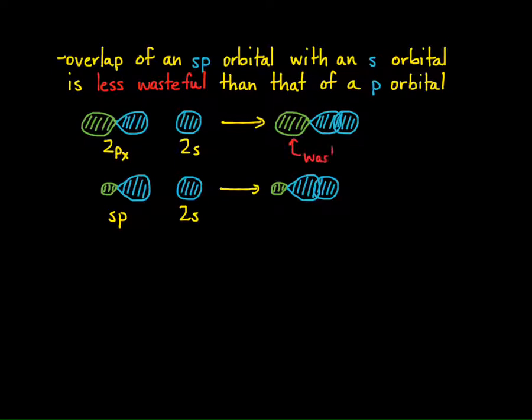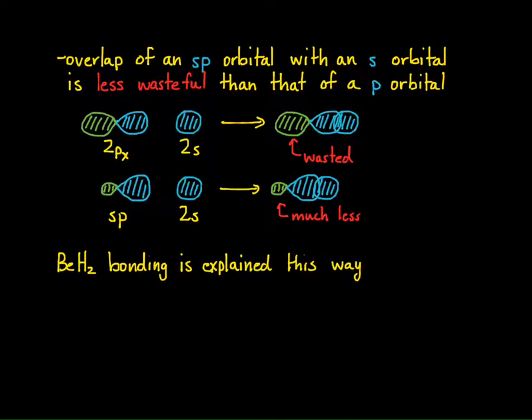So we say that green area is wasted space, and in this overlap sigma bond of the sp to the 2s, there's much less area that's actually wasted. Now, one structure that can be explained using this sp hybridization is beryllium hydride. So beryllium hydride bonding is explained by sp hybridization.